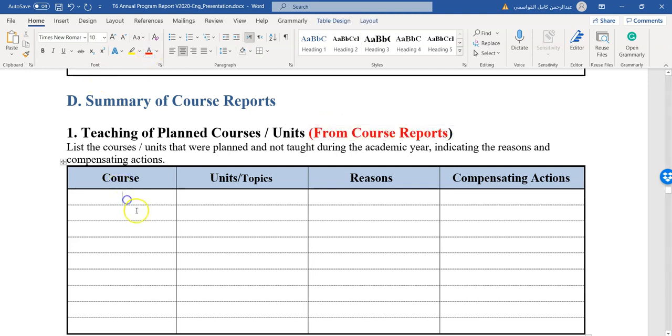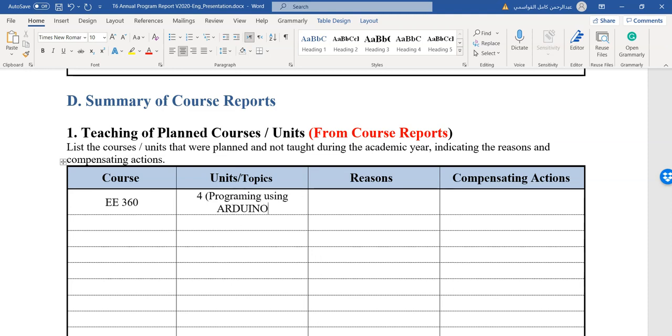The course, for example, EE 360, what topics are not covered. For example, unit 4, or you can write the name, for example, programming using, for example, Arduino.